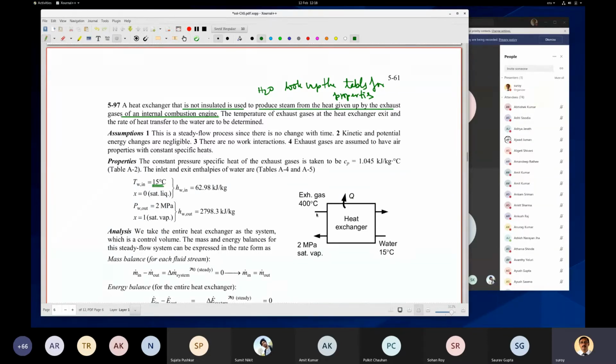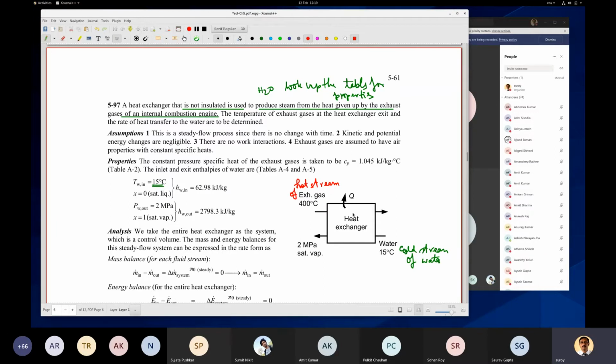Here you have one cold stream of water, and a hot stream of exhaust gas.